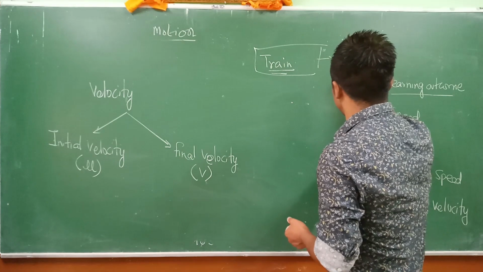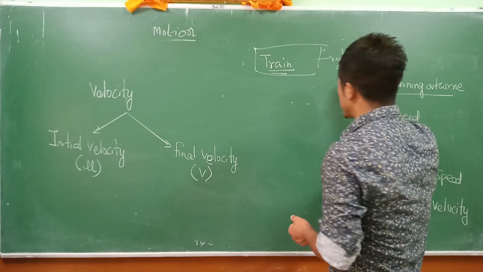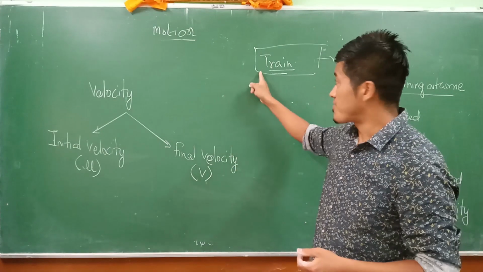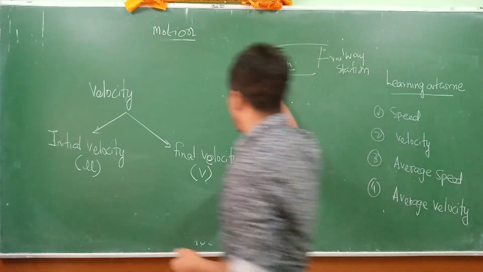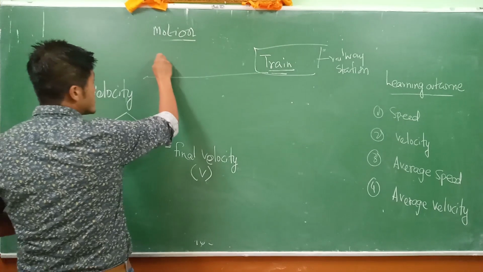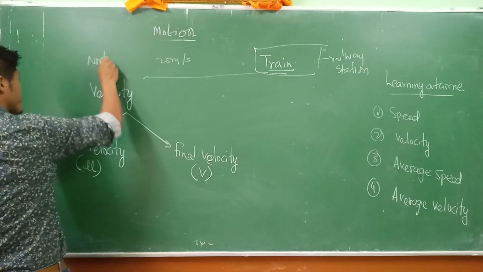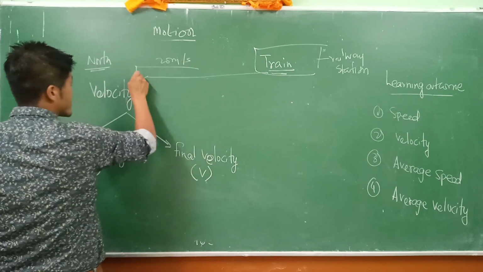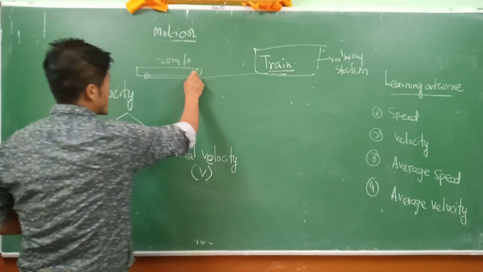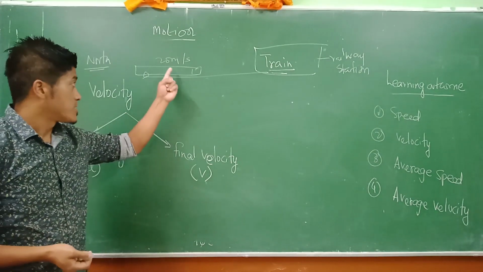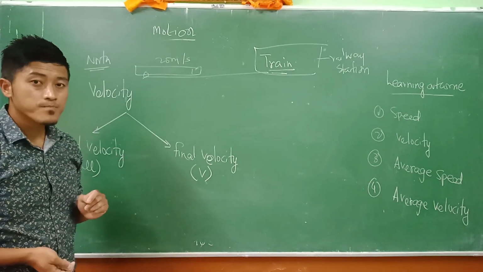A train is starting from a railway station with a velocity of 20 meters per second towards north. Now this is the train. I have given you only one velocity here, 20 meters per second, right?